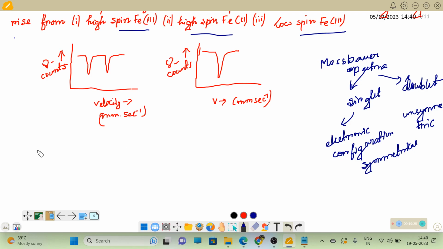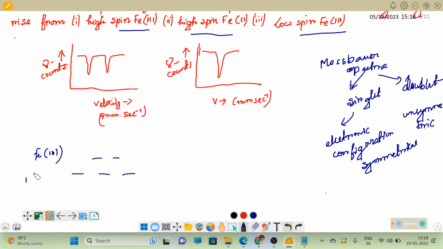So now focus here, that is high spin Fe3+. Fe3+ means d5. So tell me the configuration of high spin Fe3+.